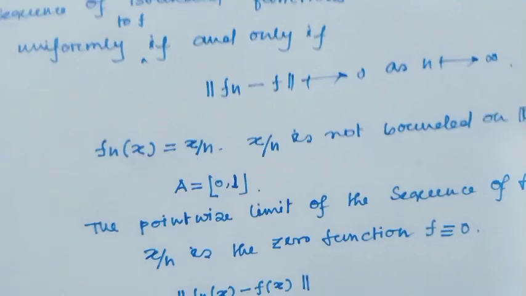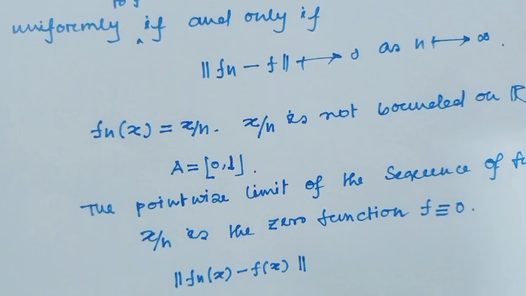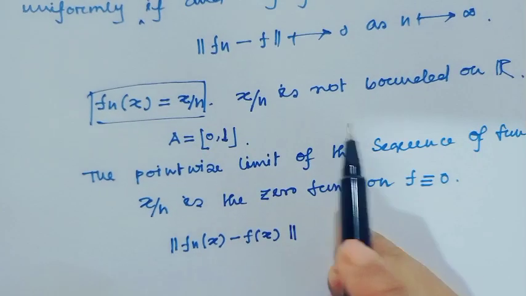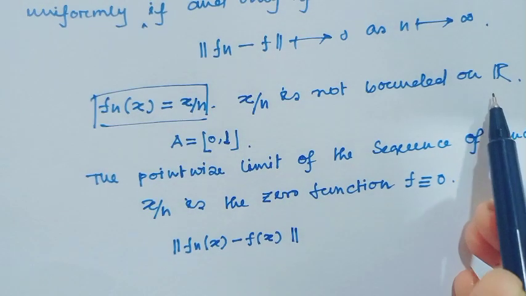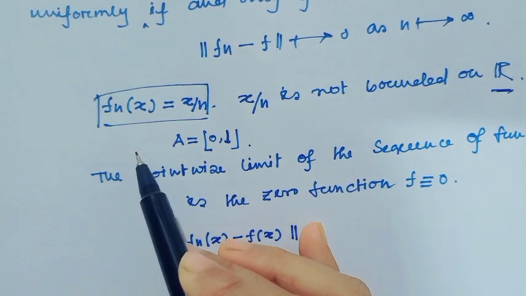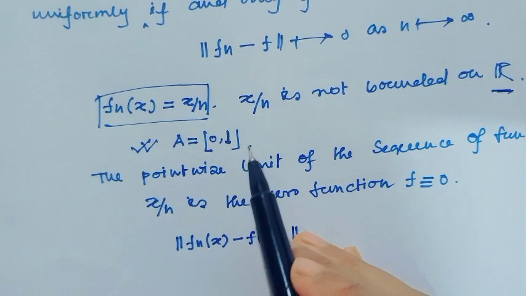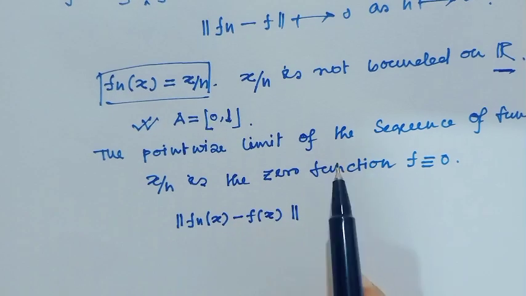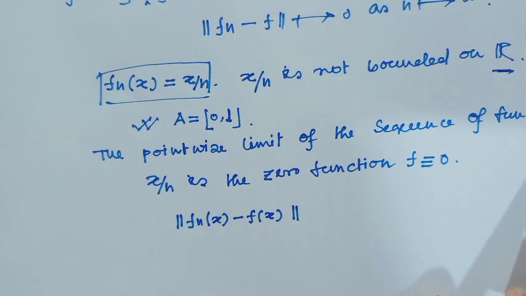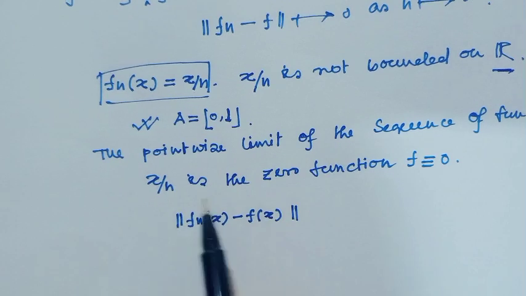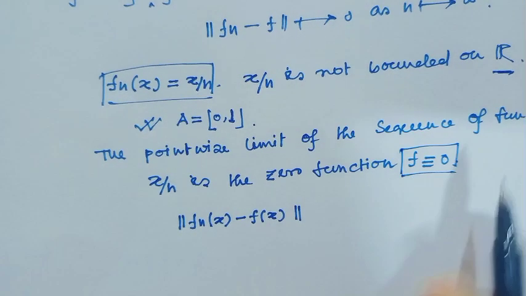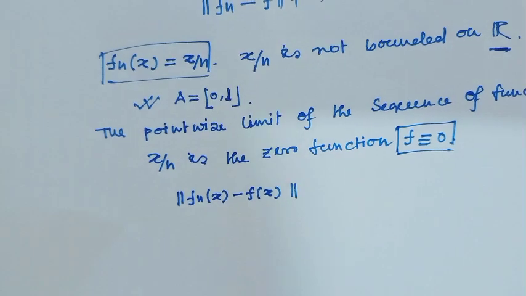As an example, consider fn of x equal to x over n. Obviously, x over n is not bounded on the set R. But if we consider the set A equal to the closed interval [0, 1], then the pointwise limit of the sequence of functions x over n is the 0 function, meaning f is identically 0.